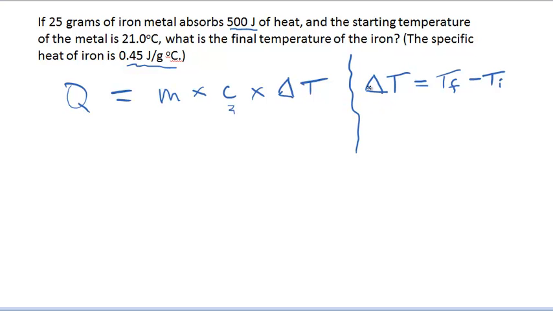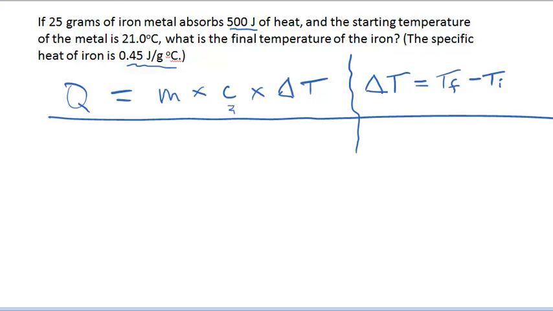Okay, it's not always positive, in other words. So I think you can see that if the temperature of an object goes down, then the final temperature will be less than the initial temperature, and then you will get a negative delta T. Okay, so it is possible to get negative delta T's.